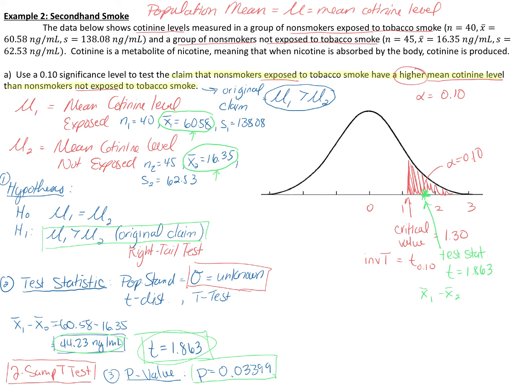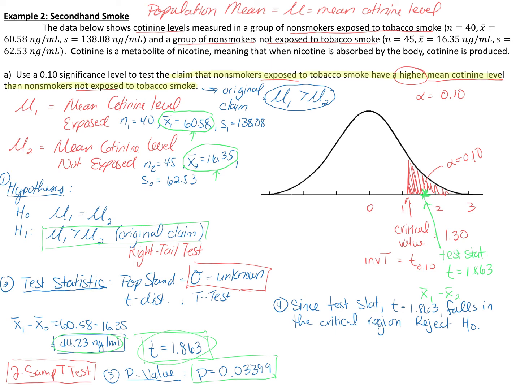So now we can make a conclusion about the null hypothesis. So that's step 4. So here, since your test statistic, which is 1.863, falls in the critical region, we can reject the null hypothesis, meaning that the difference that we see in our sample data, so the difference in the two cotinine levels, is statistically significant.